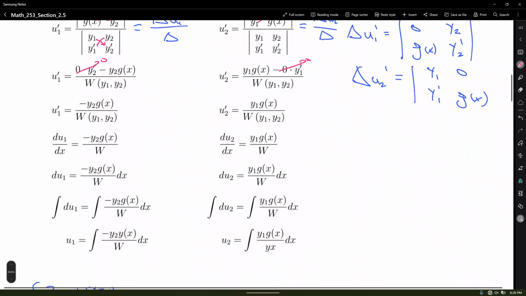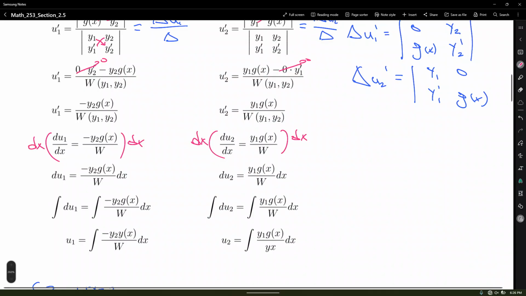What is that? u sub 1 prime equals this, u sub 2 prime equals all that, all right? Well, this will give rise to two separable equations. I'm going to change the notation u prime to du dx. I'm going to multiply both sides by dx on both equations. And what do we do once we separate the variables?